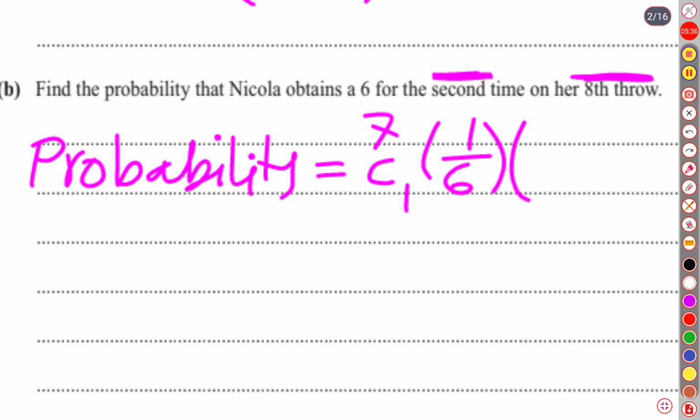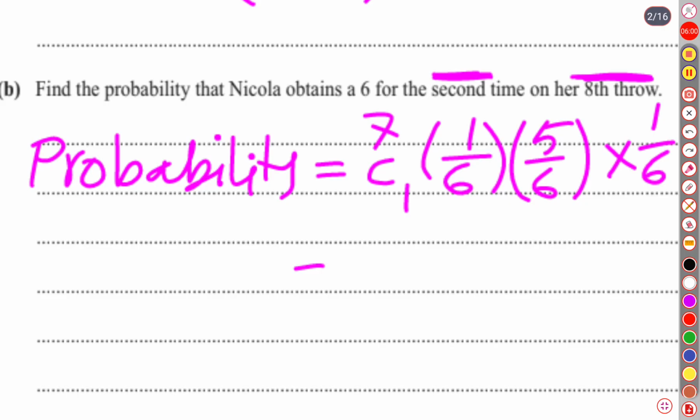What about the remaining 6 times? He failed the rest of the 6 times, but we don't know at which throw he succeeded. That's why it's a binomial distribution. And what about the eighth throw? On the eighth throw there was nothing but success, and the probability of success is 1 over 6.